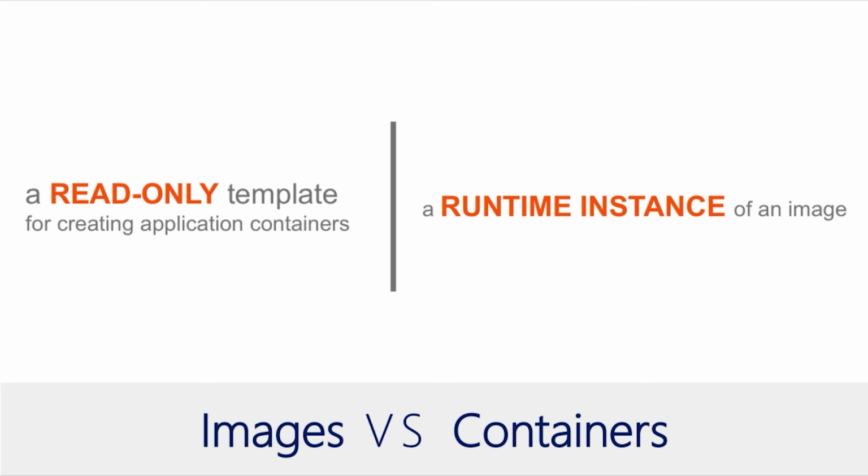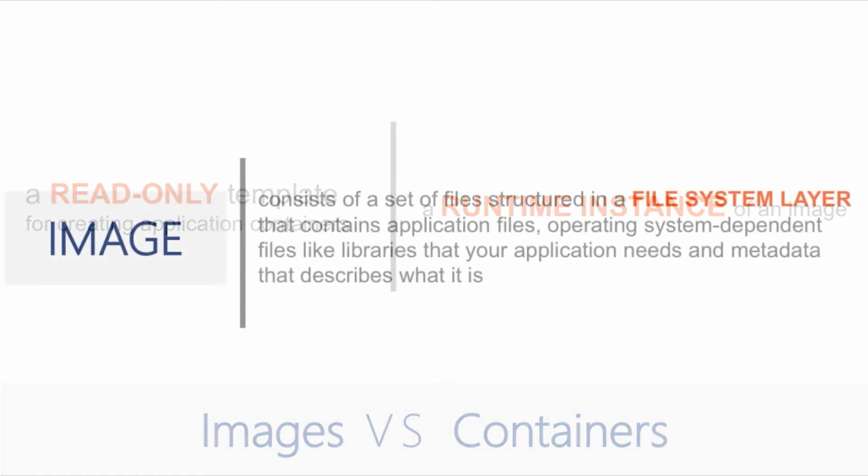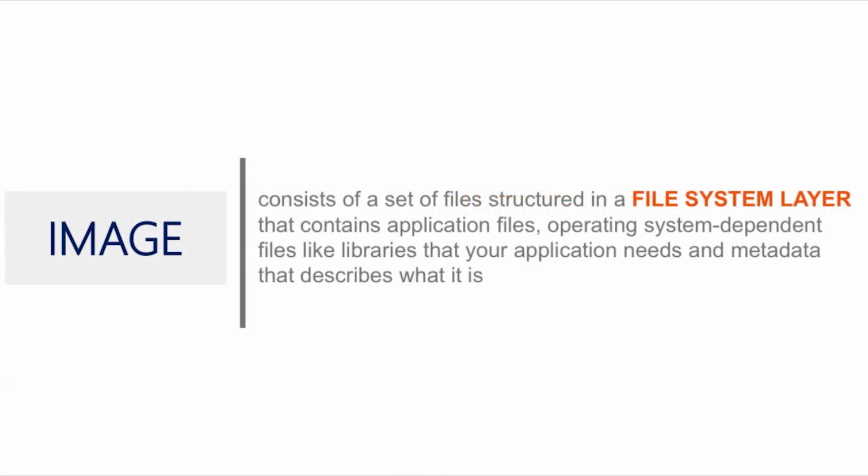And that image is actually a combination of different file system layers. When you think about file system layers, think of one file and another file stacked one on top of another. An image is a combination of file system layers and metadata that describes it.